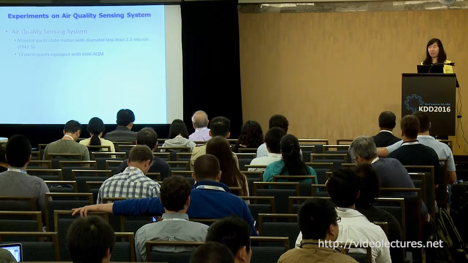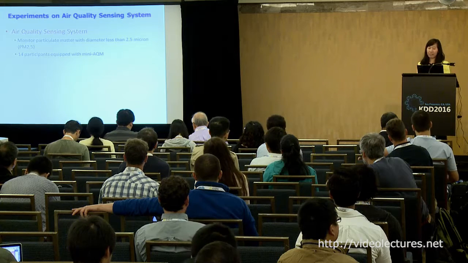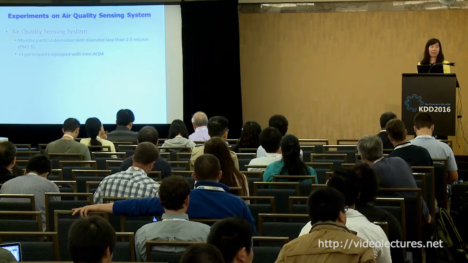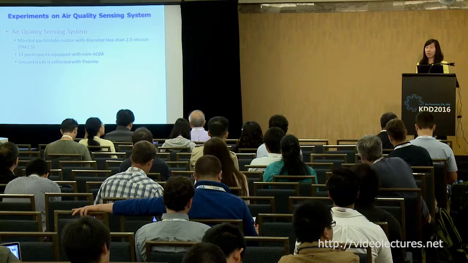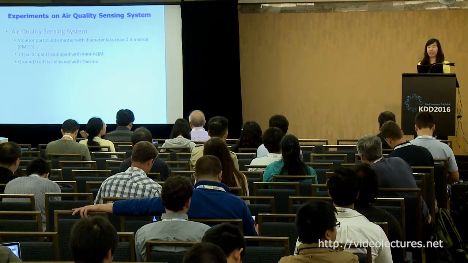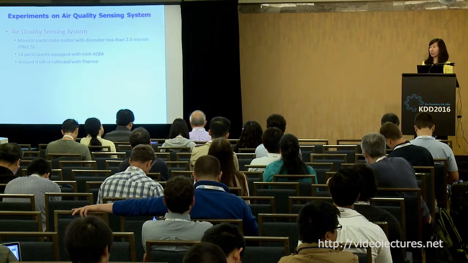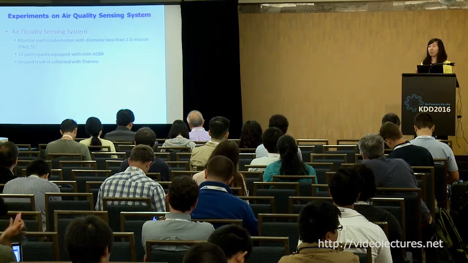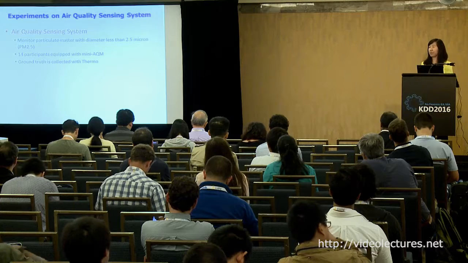People in Beijing care about air quality, and this startup is developing a portable device to sense it. But the portable device is not that accurate. They have a more accurate version, called the thermal, but it is big and cannot be carried around by a person. So in this experiment, we want to show that by aggregating users' sensory input from the portable device, we can basically simulate the accurate value output by the thermal.